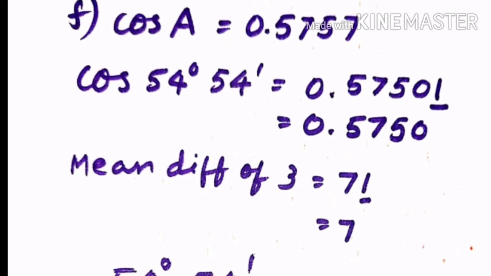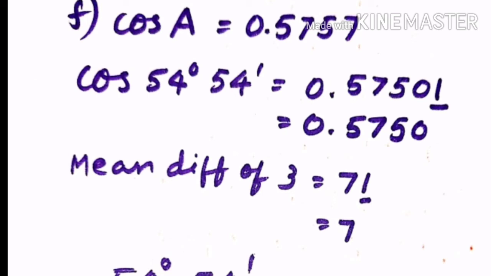Now there is a mean difference of 7. You see the original value is 5757, so the last digit here is 7, and in 54 degree 54 minute it is 0. So 7 is the mean difference. You have to check in your mean difference column of 54 degree 54 minute. There you find 3.